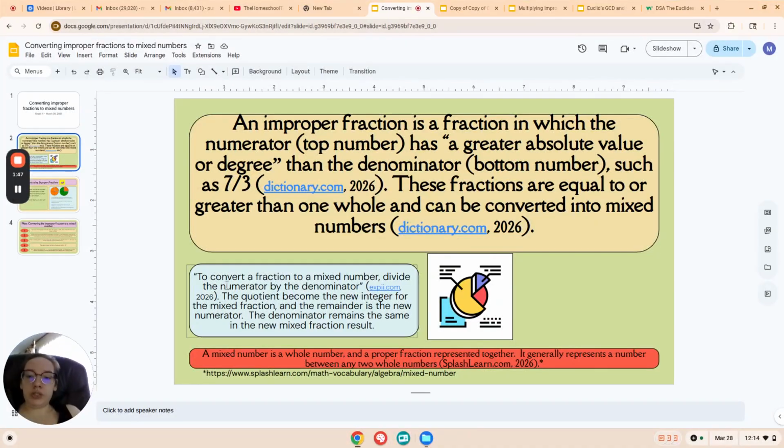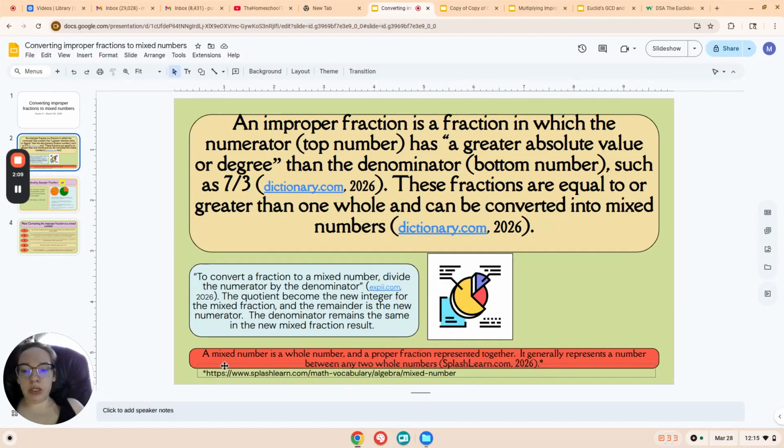To convert a fraction to a mixed number, divide the numerator by the denominator. The quotient becomes the new integer for the mixed fraction, and the remainder is the new numerator. The denominator remains the same, and the new mixed fraction results.